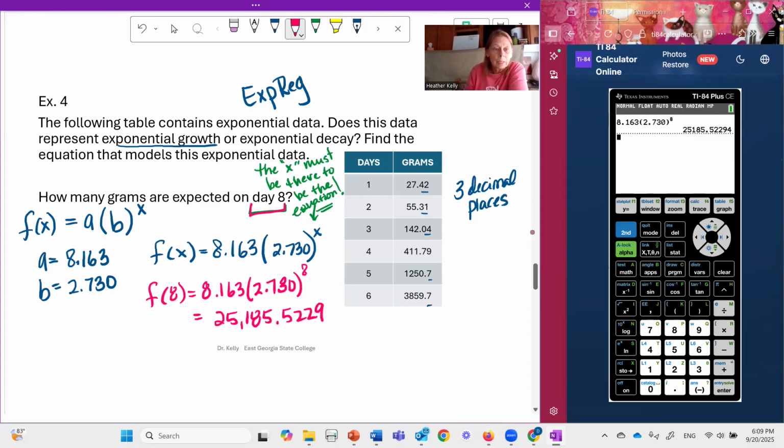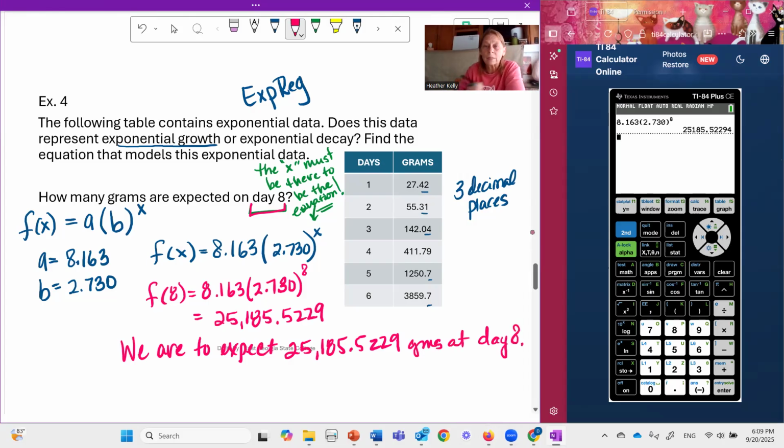And we can say we are to expect, or something like this, expect 25,185.5229 grams at day 8. Do not round this number. Give me the entire number. Do not say approximately. Give me the exact value.